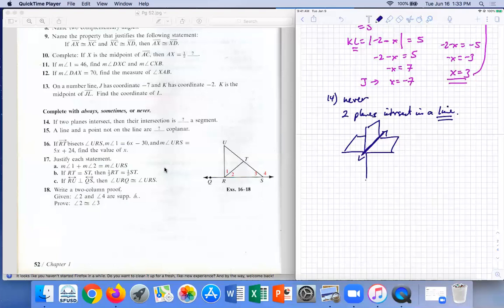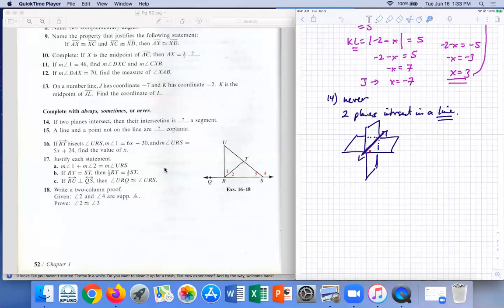And then you could use dotted lines. So their intersection would be this part right here. I draw a vertical plane and then I try to imagine, this is where they cross, right? And then their intersection is like the points that they share. It's never going to be a segment because planes go on forever. So the intersection is going to be a line, right?